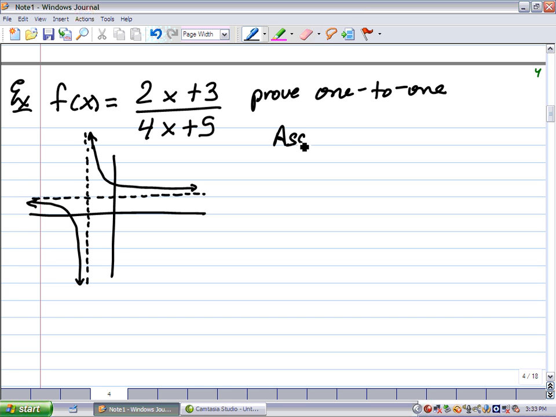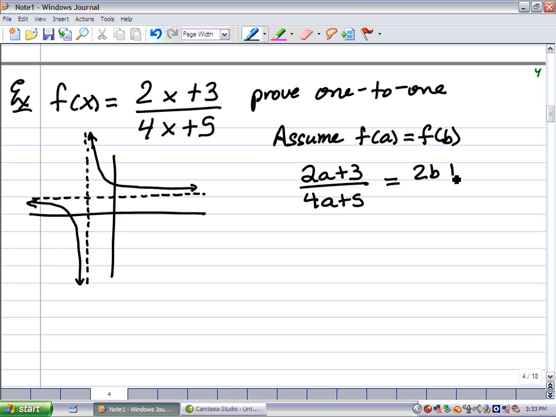Okay, so we're going to start by assuming f of a equals f of b. So 2a plus 3 over 4a plus 5 equals, now let's put the b in, 2b plus 3 over 4b plus 5. Alright, what can we do? Well, we can multiply both sides by the LCD.